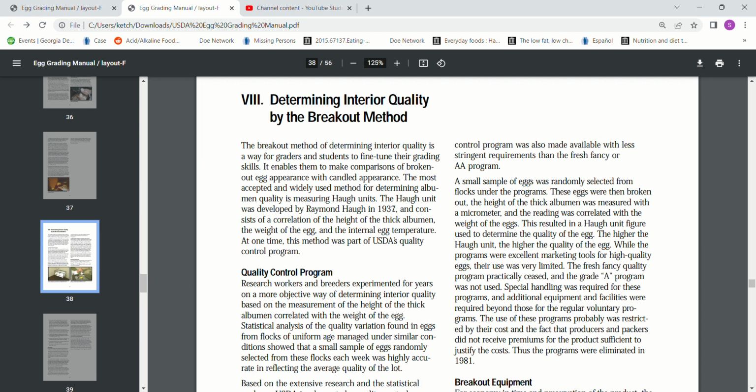The Haugh unit was developed by Raymond Haugh in 1937 and consists of a correlation of the height of the thick albumen, the weight of the egg, and the internal egg temperature. At one time, this method was part of USDA's Quality Control Program.